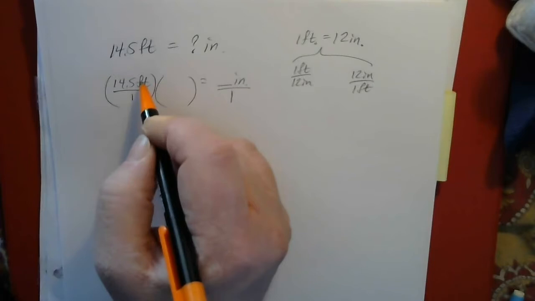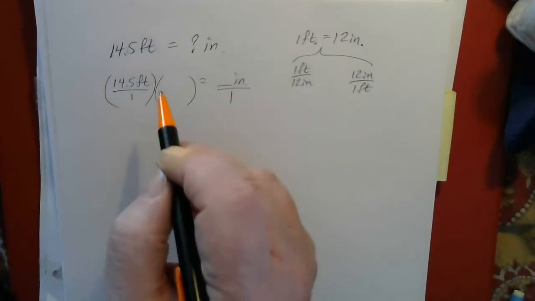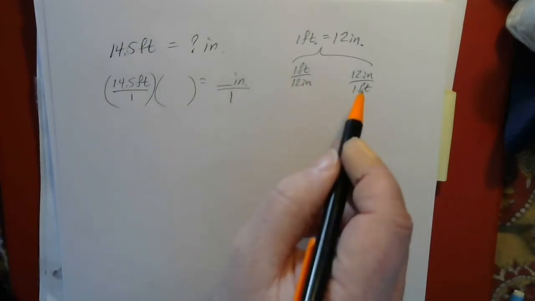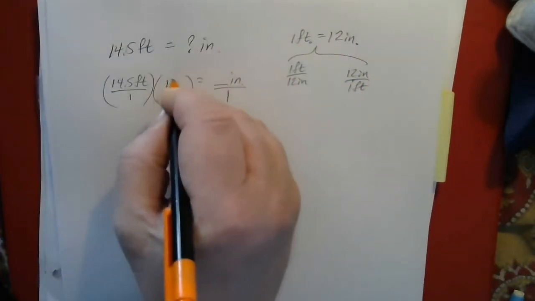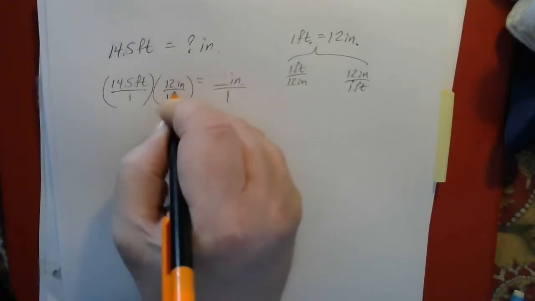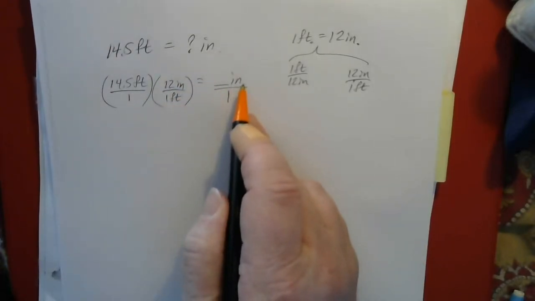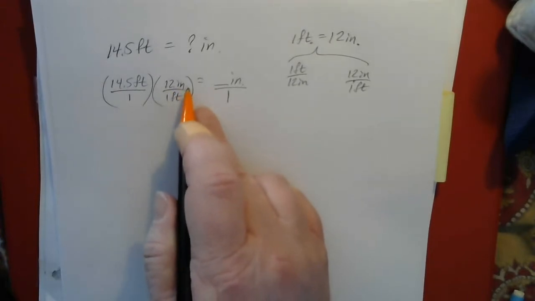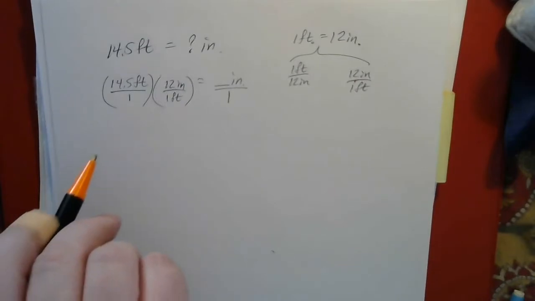If you've got feet in the numerator and you want it to disappear, well, the way to get that to happen would be to multiply by something with feet in the denominator, like, for instance, this. And also, if you want inches to appear in the numerator, then you'd want to multiply by something that has inches in the numerator, like this or that.